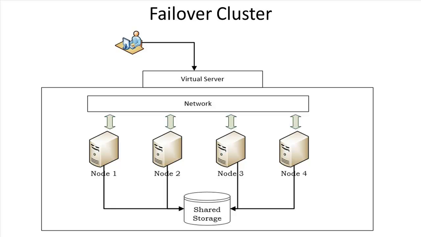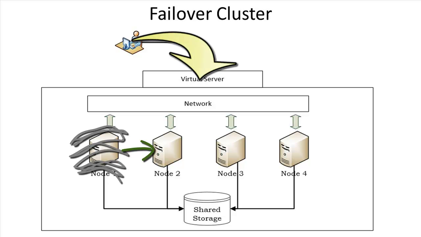In the case of planned or unplanned downtime, the active node's resources, or the databases, would be moved over to the next node automatically, and the client reconnects to the same virtual server name. This would give the client access to the resources, or the databases. This process is called failover.